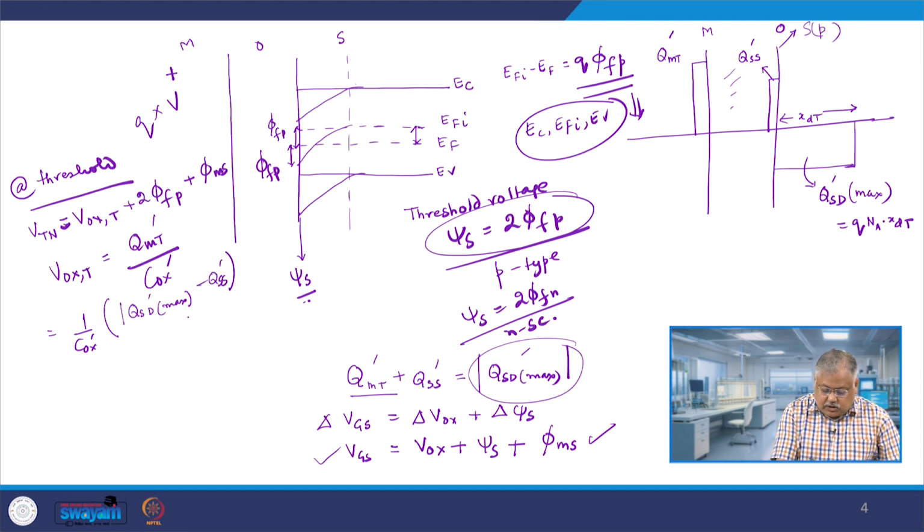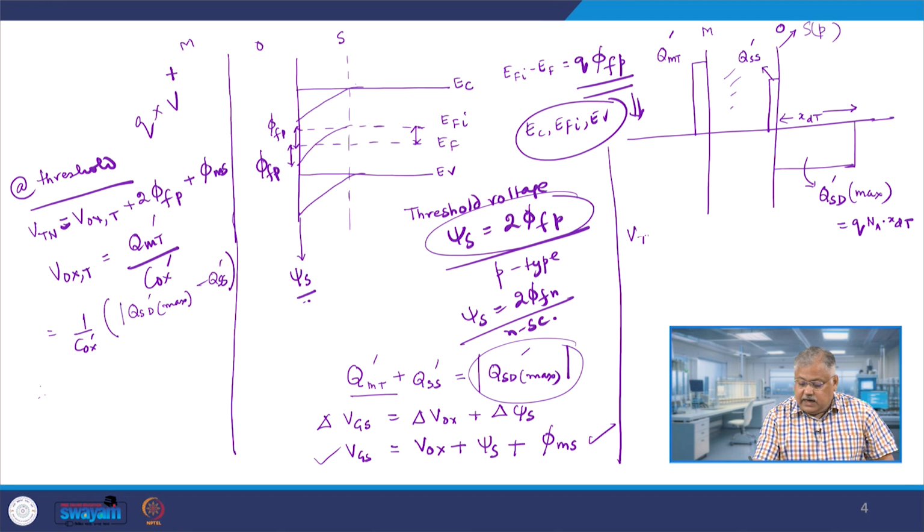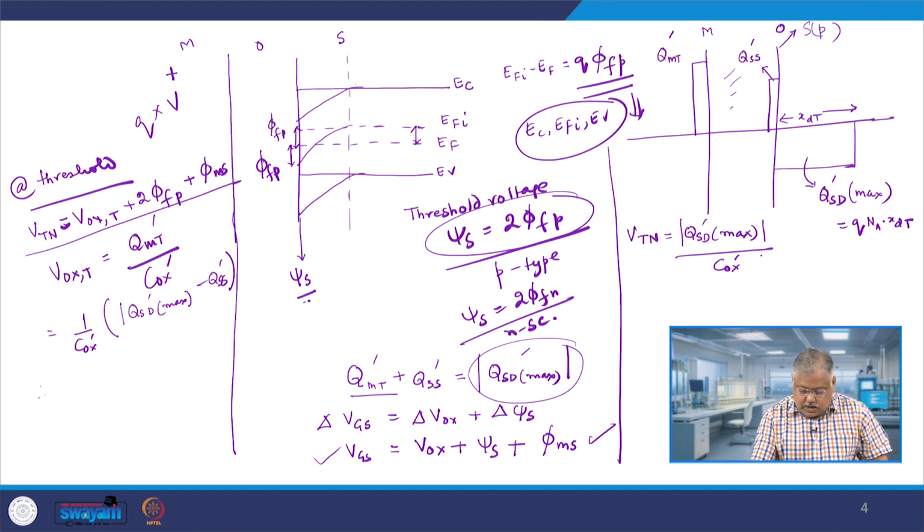So, if you divide by C oxide on both sides, let me write down the value of VTN now. Let me divide it into 3 parts. VTN can be written as QSD prime max divided by COX prime, minus QSS prime divided by COX prime, plus phi MS plus 2 phi FP.